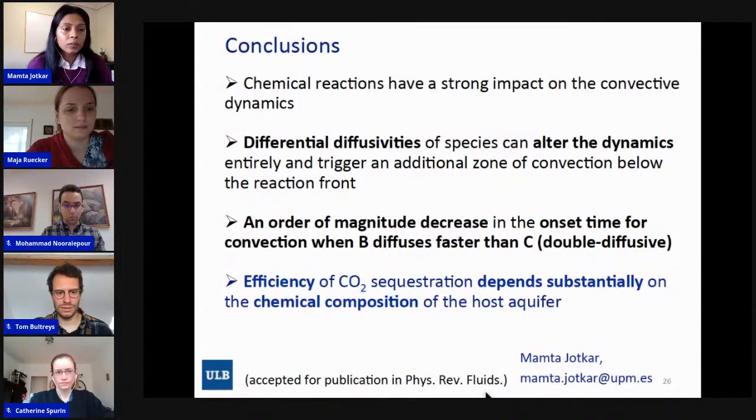Of course, there will be an effect of heterogeneity, but to get a first approximation of the efficiency or the dissolution rates, assuming that the system is homogeneous is already saying something about the system. Of course, when you have heterogeneity, you will have additional effects, but I don't know. That is something to look at.